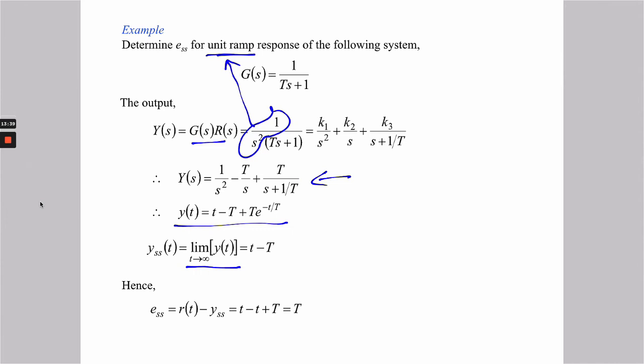Thus these terms approaching infinity equal 0. So t minus capital T plus 0. So we have only t minus capital T. We can find the steady state error by putting it in this equation. Input minus output, we have t minus t plus capital T, which gives the final answer of capital T.